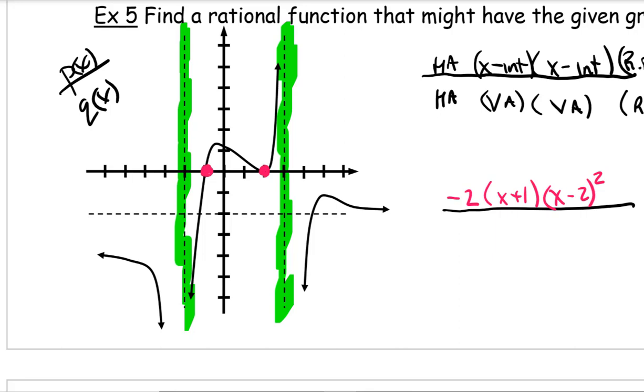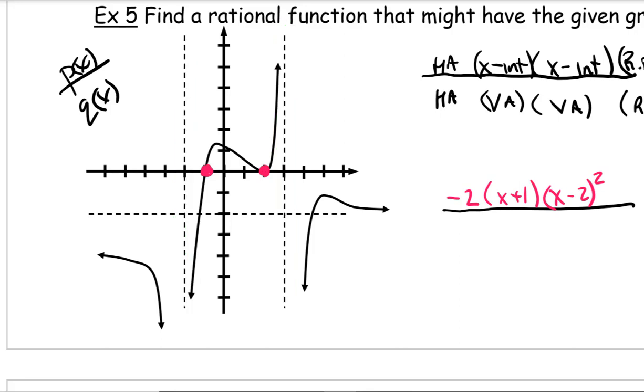So let's see what we got here. The vertical asymptote on the left is over here at x equals negative 2. If x equals negative 2 is my vertical asymptote, that means the factor will be x plus 2, because remember, we switch the sign for that.